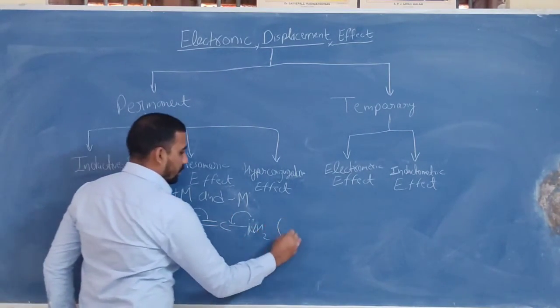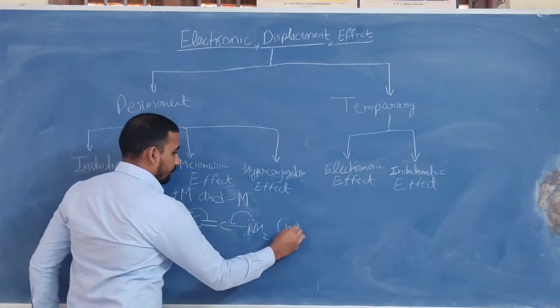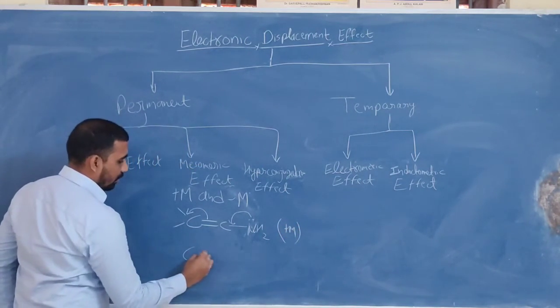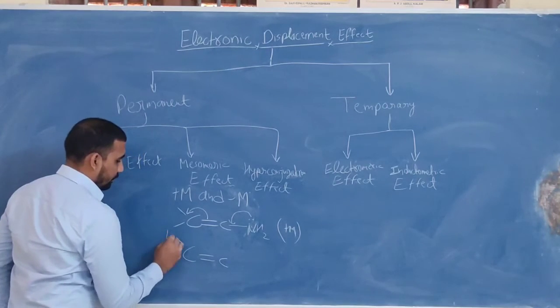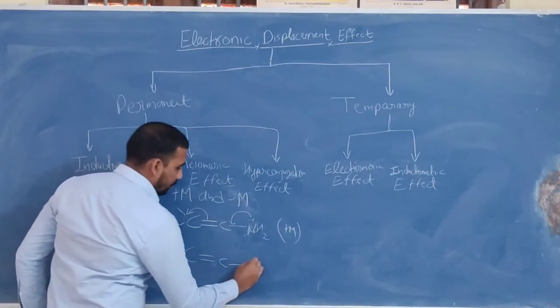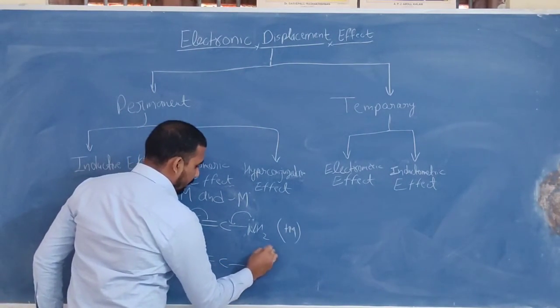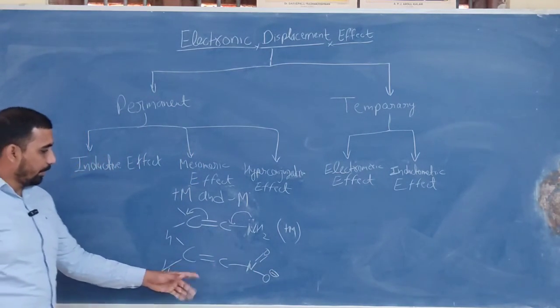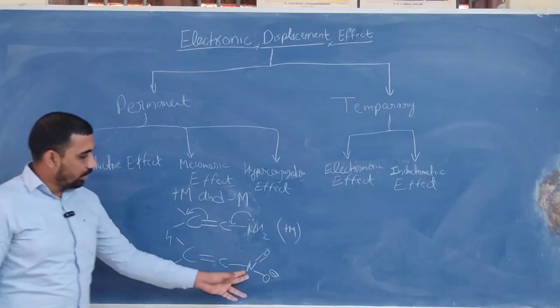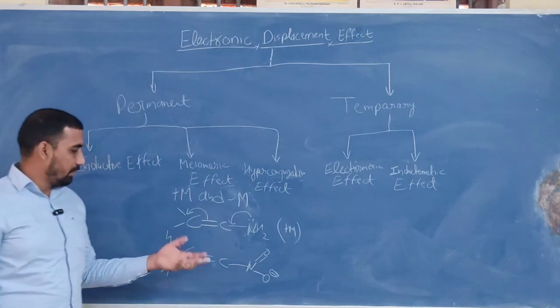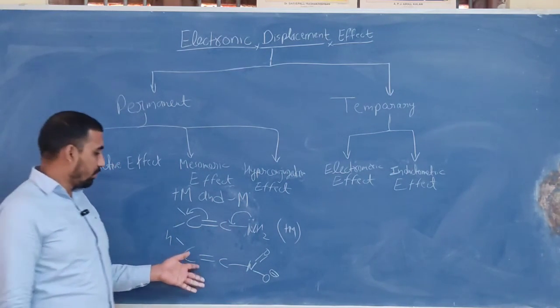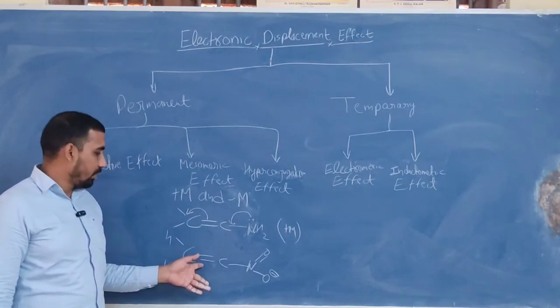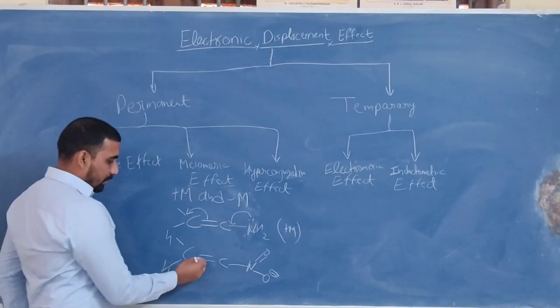The second one is minus M. Let's suppose we have a group like the nitro group. In the minus M effect case, this nitro group is electron withdrawing. It will withdraw the electron from this pi orbital, this pi bond.